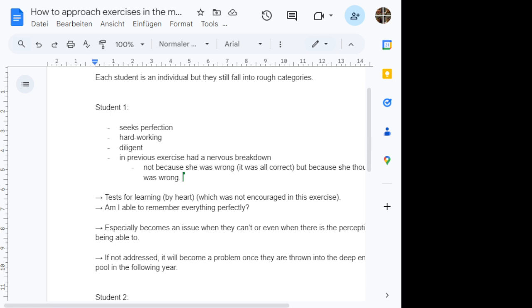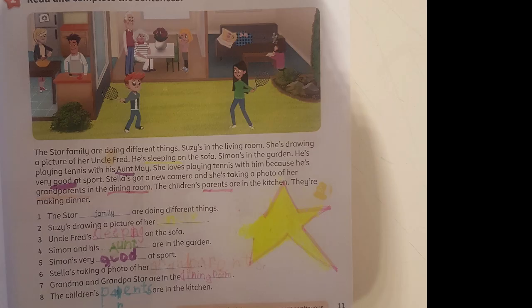So let's look at the new exercise, and in some ways it's not an ideal exercise because it didn't encourage the students to approach the exercise in the most efficient way. Let me show you. So here's the text.